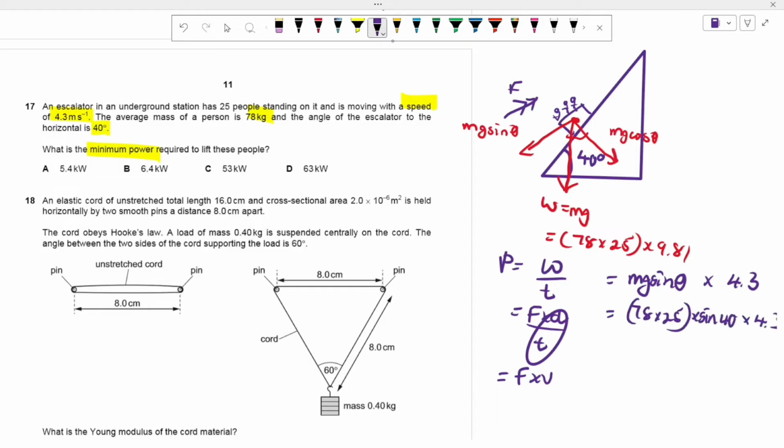This is essentially going to give me the power that I need, which is about 52,873, so it's going to be 53,000, or 53 kilowatts. The correct answer will be C.